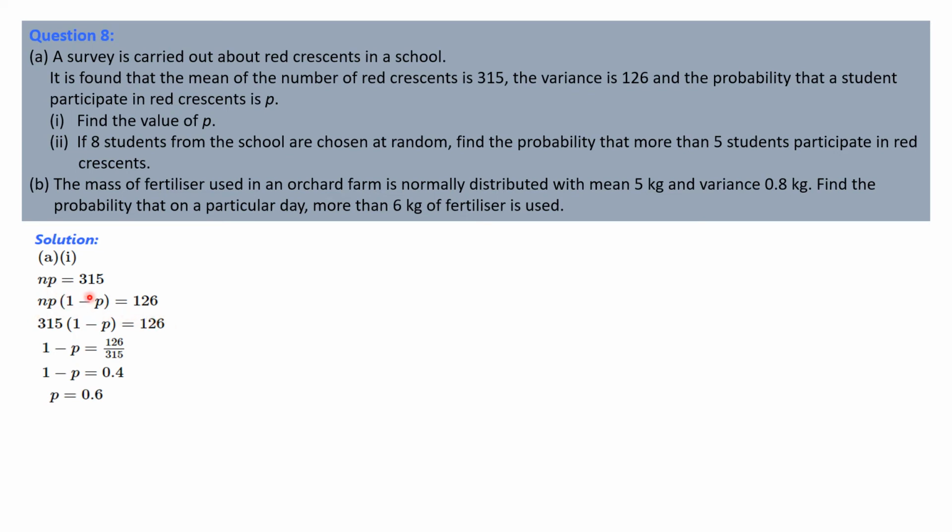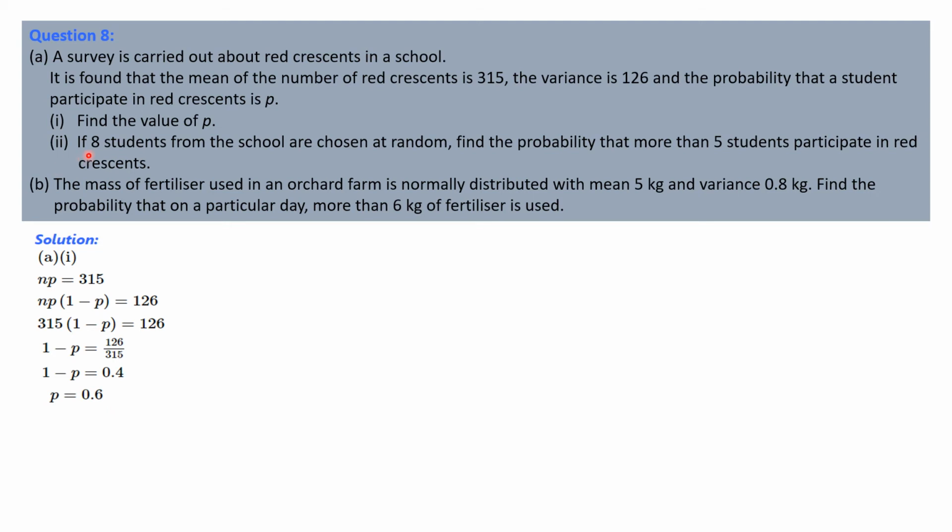By substituting np equal to 315, we have 315 times (1 minus p) equal to 126. So 1 minus p will be 126 over 315, which is 0.4, giving us p equal to 0.6. This is how we get the value of p.